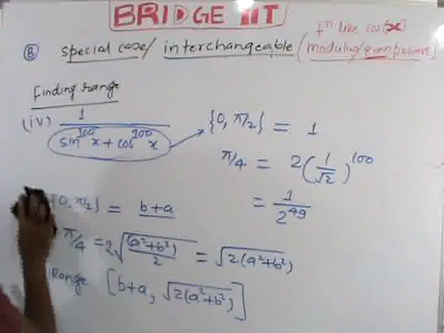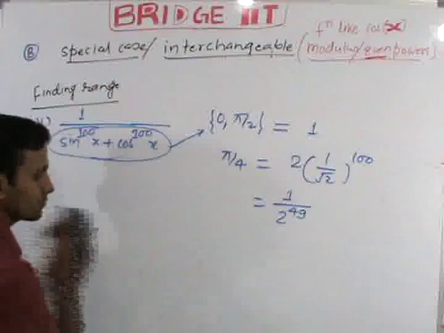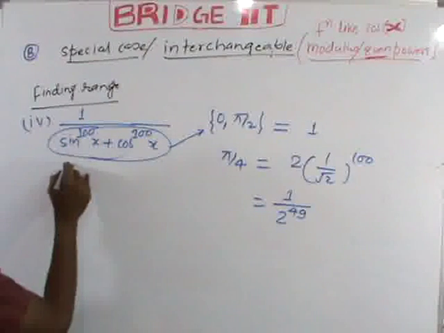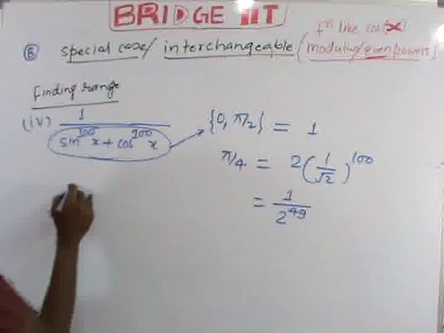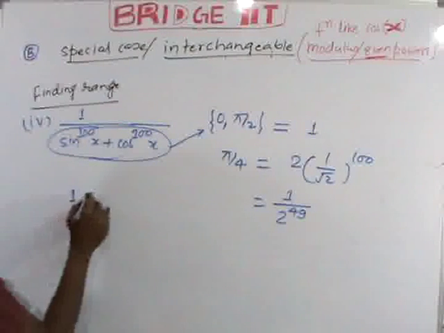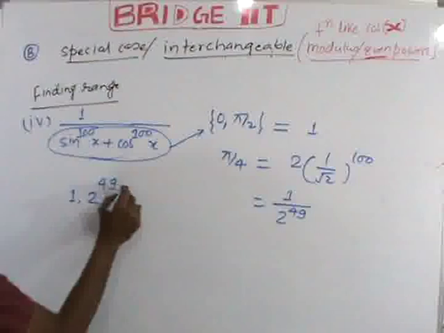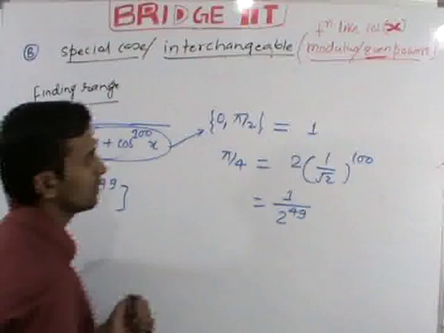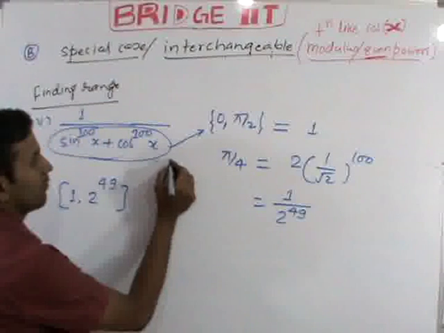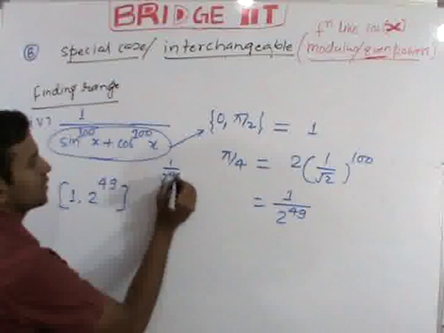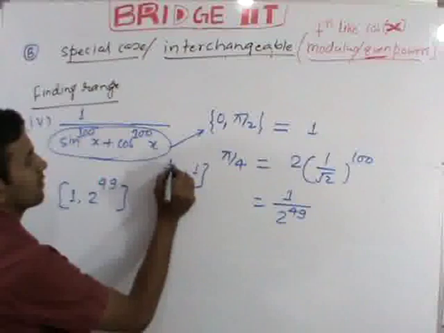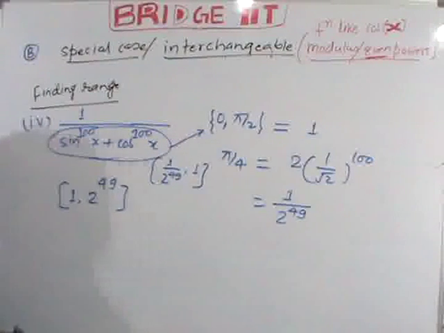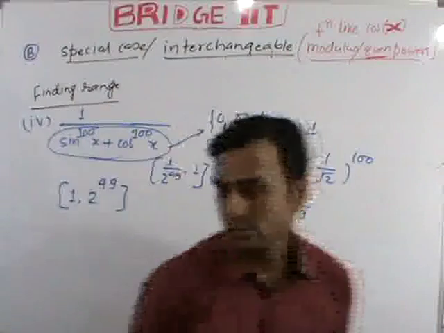So what is the range of 1 by this one? The range of this complete function is 1 to 2 to the power 49. You have to reverse this because both numbers are positive. This is from 1 by 2 to the power 49 to 1. You have to take the reciprocal of this, so it becomes 1 to 2 to the power 49. So this is the range of this function.